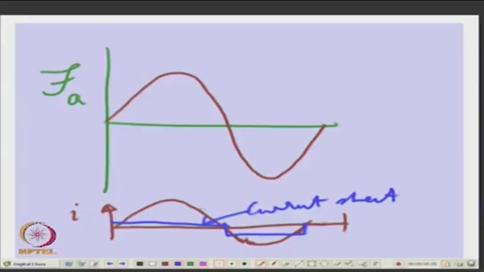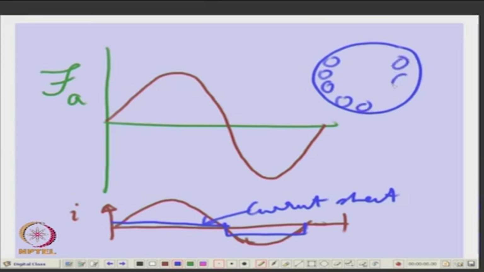A current sheet in a DC motor is a rectangular current sheet because there are uniformly distributed currents. What do you see in a DC machine? In a DC machine you have conductors positive in one direction, negative in the other direction, is it not?